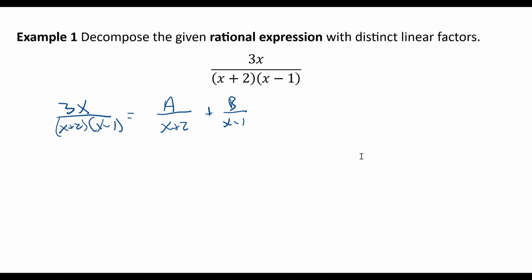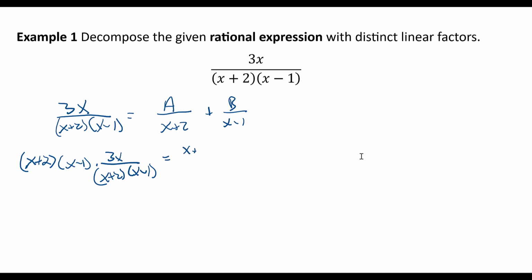And the next step is to clear out the denominator. So we're going to multiply everything by x plus 2 times x minus 1, times the 3x over x plus 2 times x minus 1.